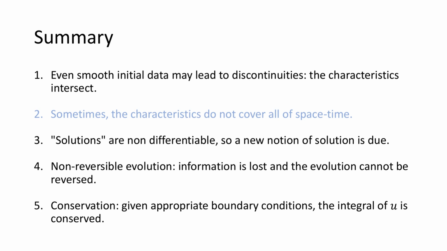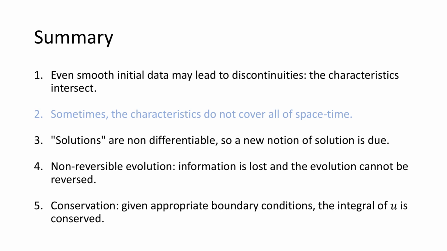What we've not yet discussed is that sometimes the characteristics do not cover all of space-time, which means the method of characteristics does not provide the entire solution. That means we will need a technique to fill in the empty space-time, so to speak. The solutions themselves are often not differentiable, which means in particular we need a new sense of solution.